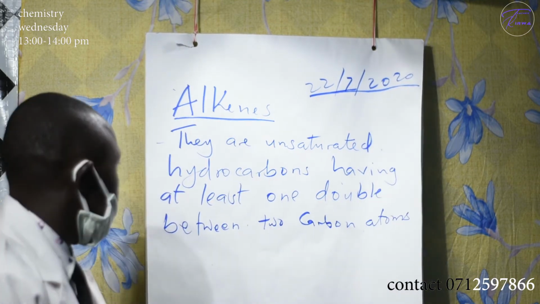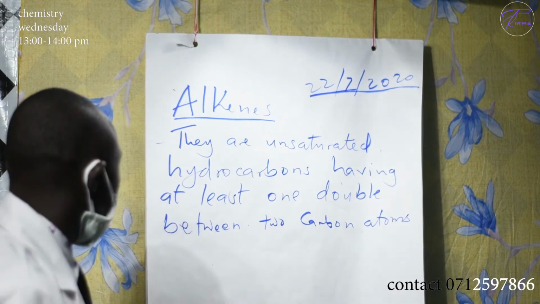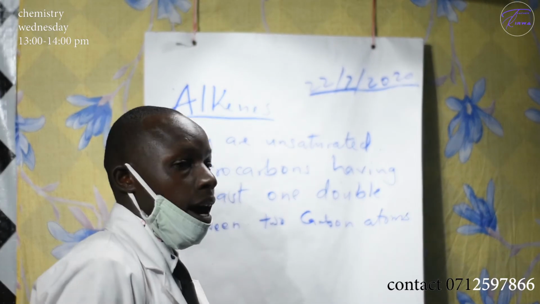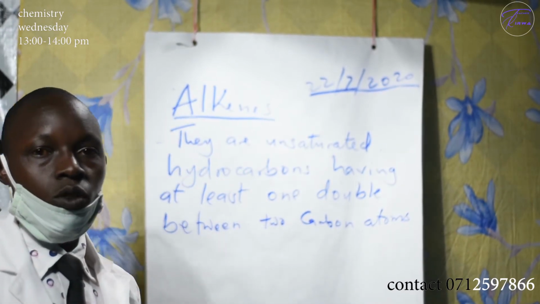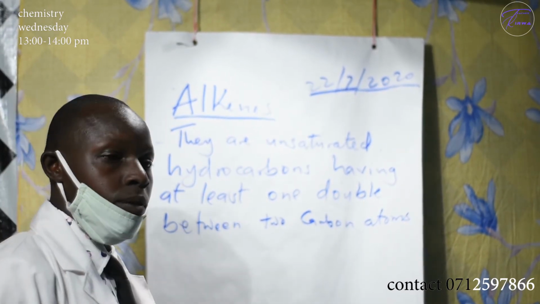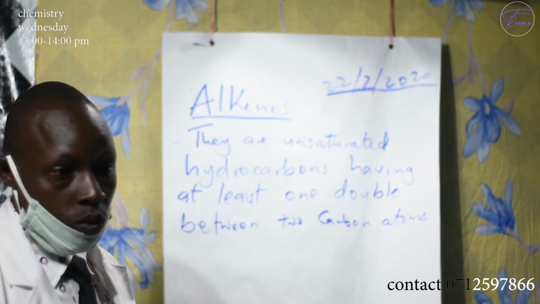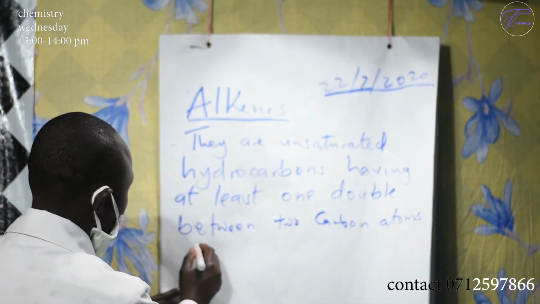So alkenes are unsaturated hydrocarbons, and they have at least one double bond. At least meaning they could be 3, they can even be 4, but at least there is one double bond between 2 carbon atoms.